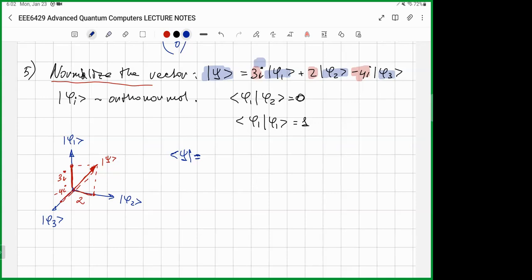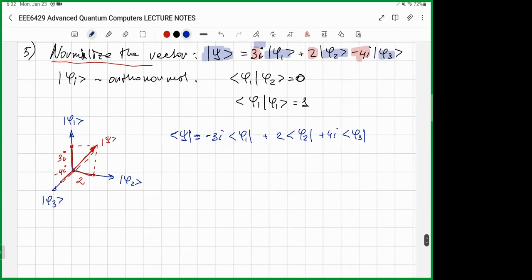So this 3i will be minus 3i, and then the bra vector phi1, plus 2, it doesn't change, and then the bra vector phi2, and then plus 4i phi3.